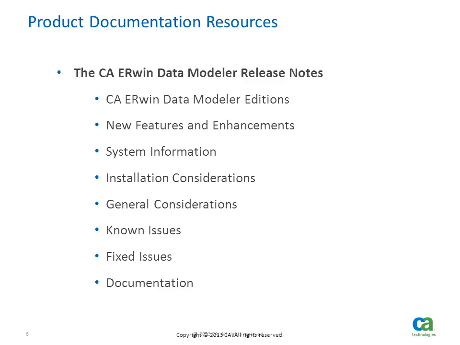It covers the new features and enhancements for ERwin in r9.5 and various versions. It covers the system information, installation considerations, general considerations, any known issues, any fixed issues, and of course it is the documentation for the product.